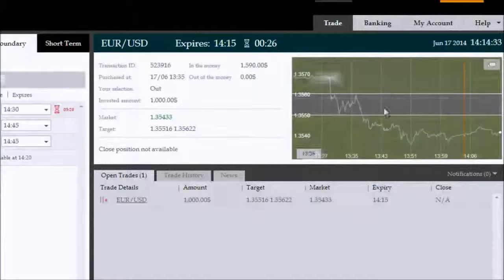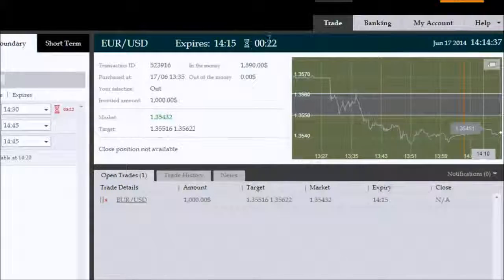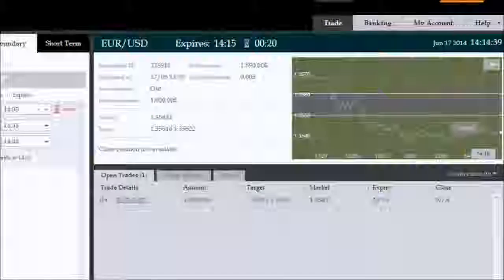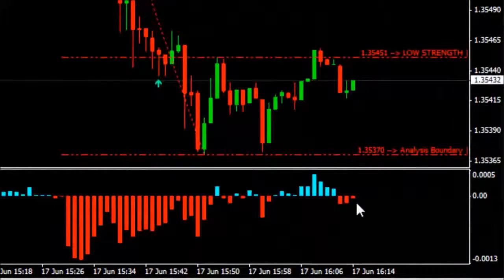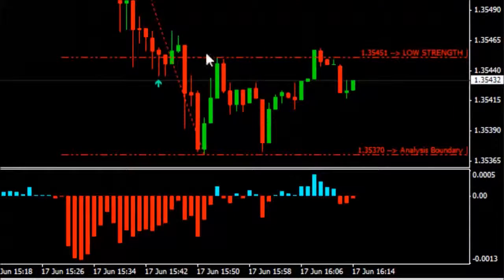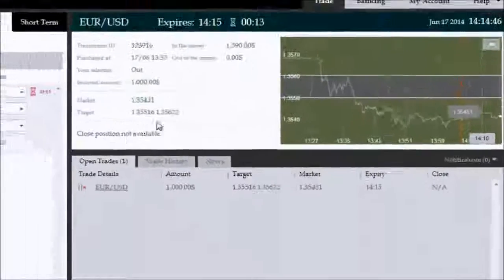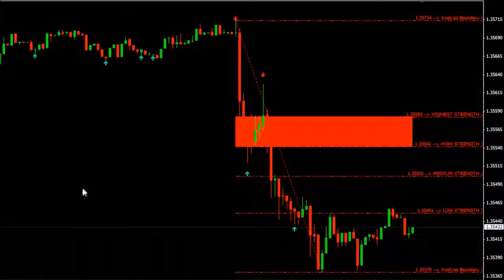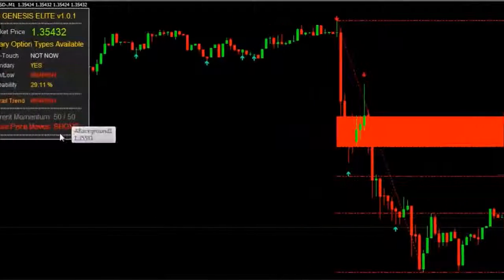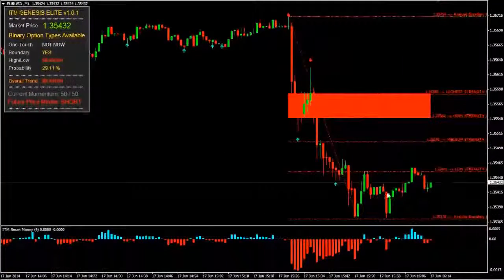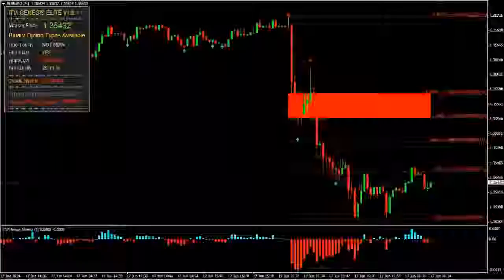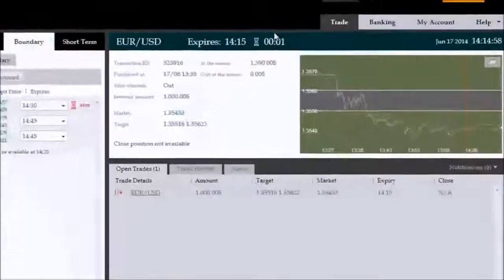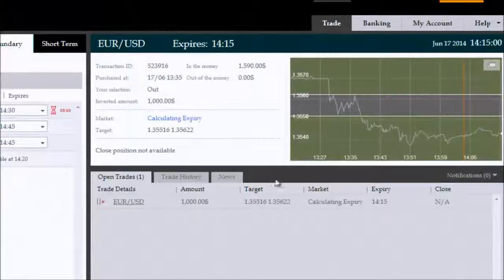Okay, we're back with roughly 26 seconds remaining in this outside boundary Euro USD trade. As you saw earlier, the first outside boundary Euro USD trade expired outside of the money because price was still stuck inside the boundary. That's okay. We saw a news release event that triggered price to fall very sharply, leading ITM Genesis Elite to change the focus from bullish to bearish and leading us to revise and go for another outside boundary trade as it surfaced.